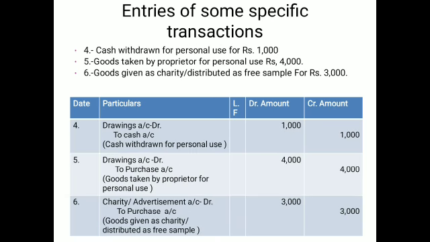Now I am moving to the entries of some specific transactions related with the first. Now the cash withdrawn for the personal use. When the cash is withdrawn for the personal use, drawings to cash account will be used. It is an original entry. But when goods have been drawn, the next transaction like fifth number, goods drawn for the personal use, then drawings to purchase.